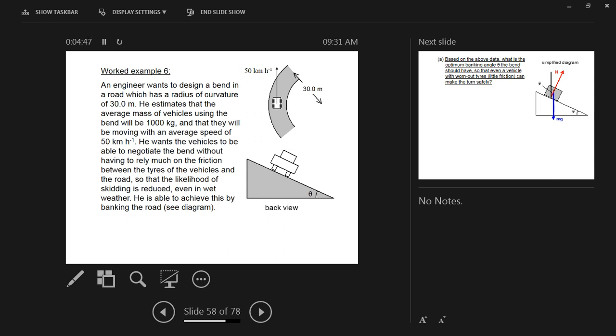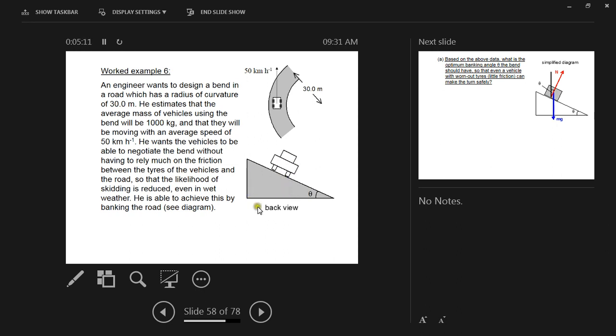If you recall, we mentioned banking in the last lecture. The banking angle refers to the angle between the vertical axis of the earth and the vertical axis of the object.